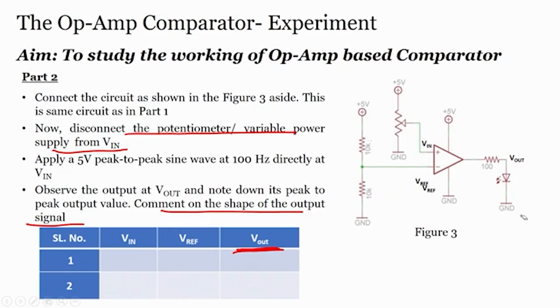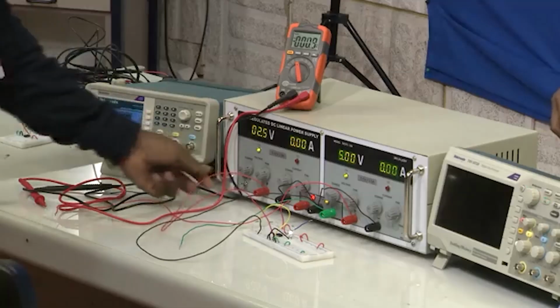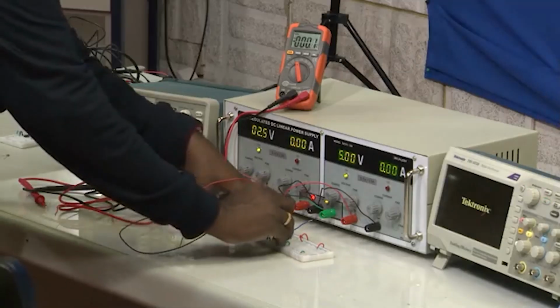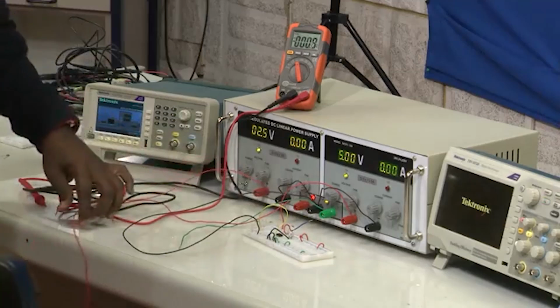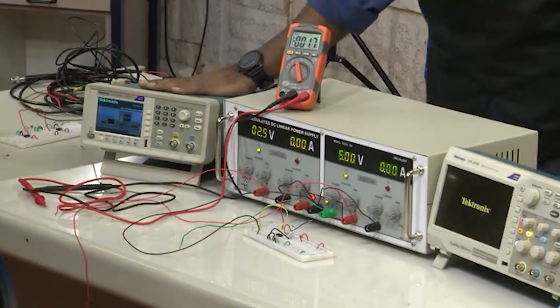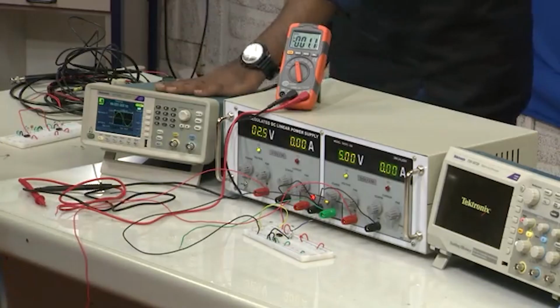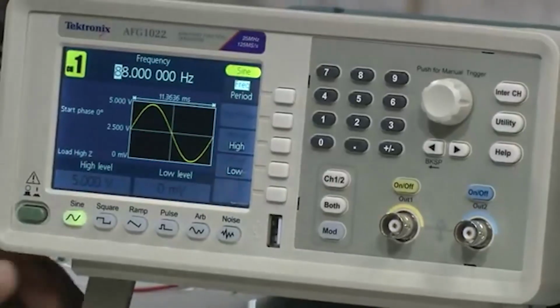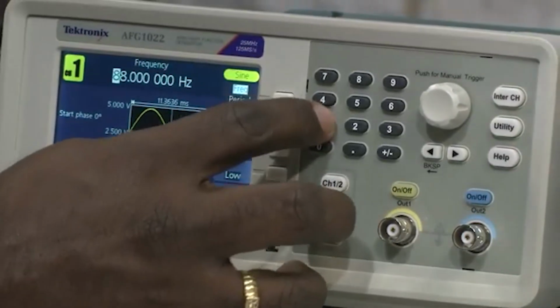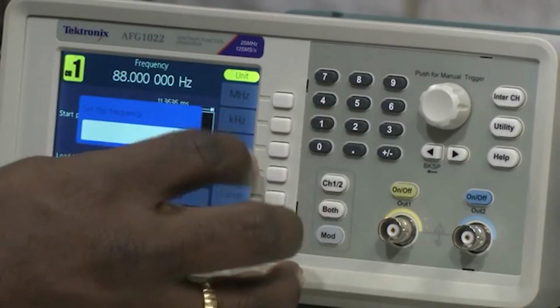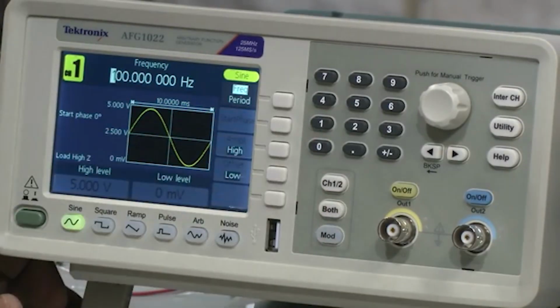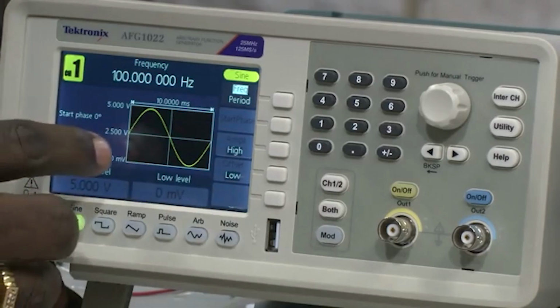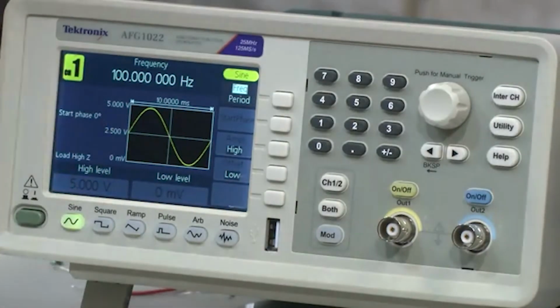Here we are applying 5 volts peak to peak at 100 hertz. We are again using the function generator or signal generator, which generates signals at different frequencies. He is now changing the frequency to 100 hertz, and the voltage is already set at 5 volts.